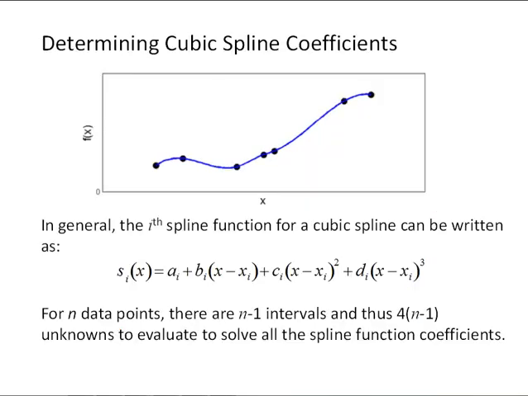So let's look at how we can determine cubic spline coefficients. In general, we can write the ith spline function for a cubic spline as Si of x is equal to Ai plus Bi times (x minus xi) plus Ci times (x minus xi) squared plus Di times (x minus xi) cubed. So just to illustrate what we're doing here, let's call this Si of x in this interval right here.